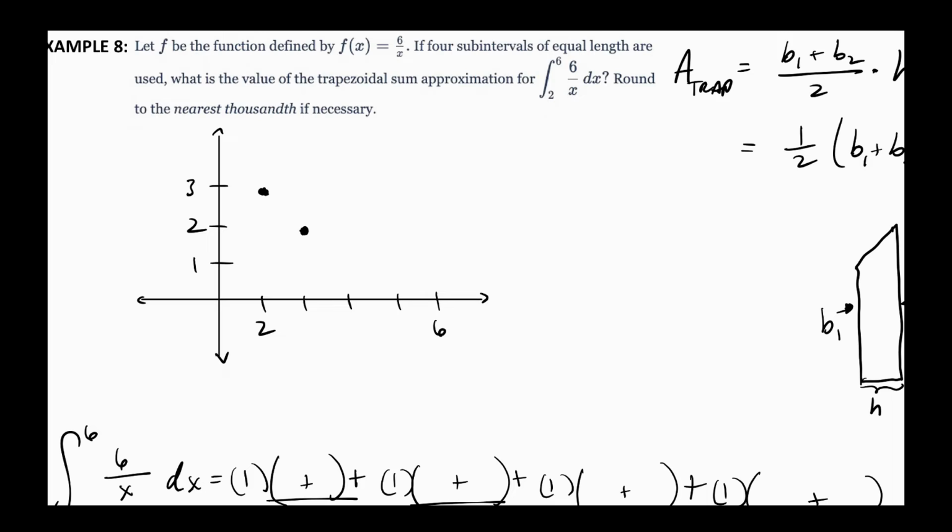Okay. 4, I don't get something nice and round. 4 is like 1.5. And then 5 is even less than that. So I don't need to graph that, but I'm going to graph 6 because when I plug in 6, I get. So the function looks like this.